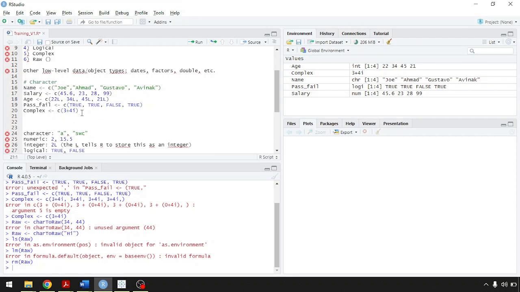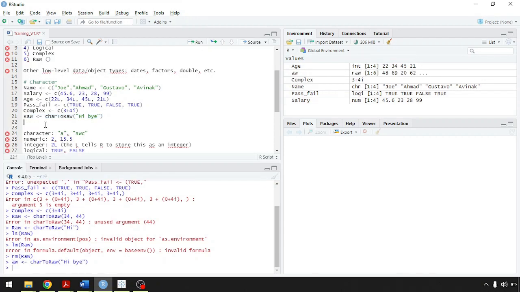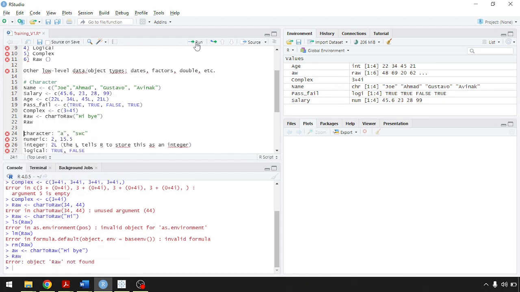In order to produce a raw object, you'll have to use the charToRaw function. So in this case, if we were to write "hi" and then say "bye", there will be raw bytes associated with these characters that we can actually see if we run the variable.